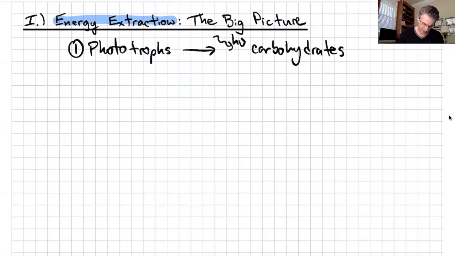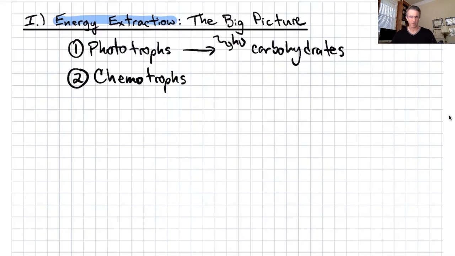Okay. Then, of course, we have chemotrophs, which is anything that's basically not a phototroph. And chemotrophs get the energy they need to do all the things they need to do to live principally by eating phototrophs, right?